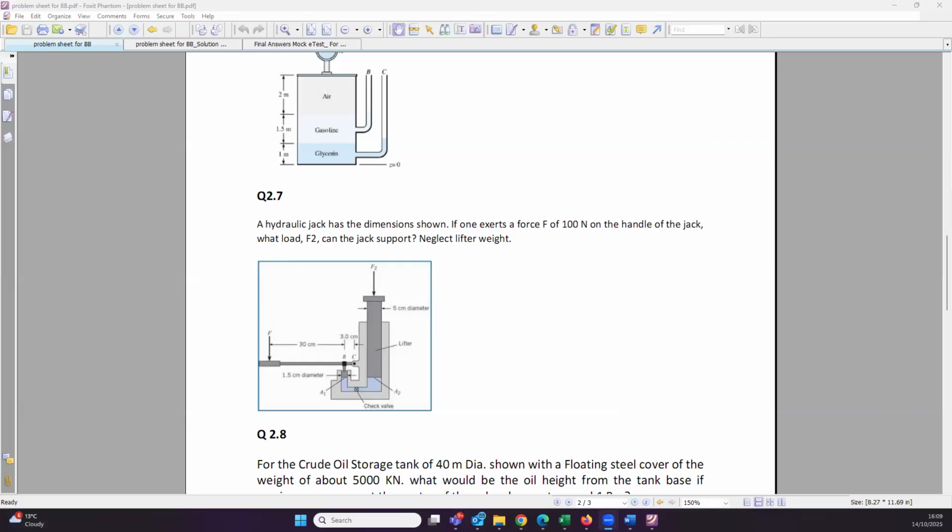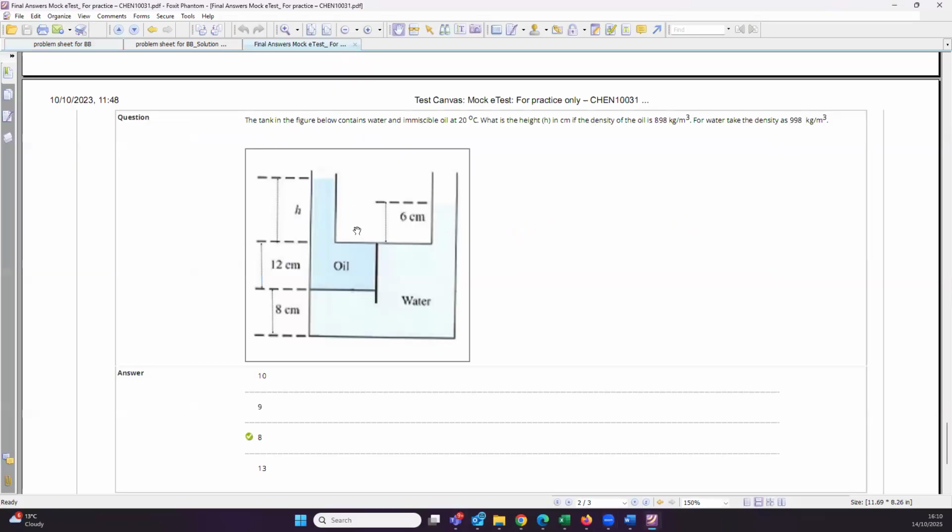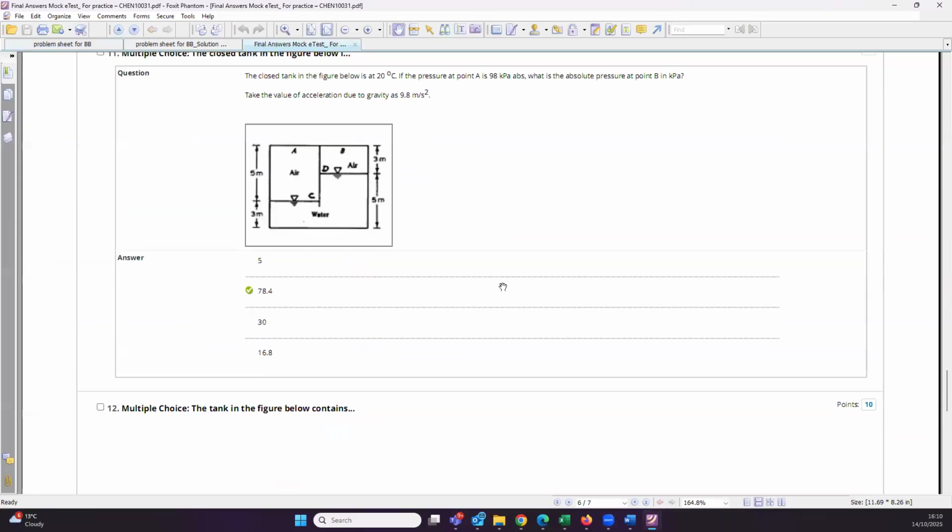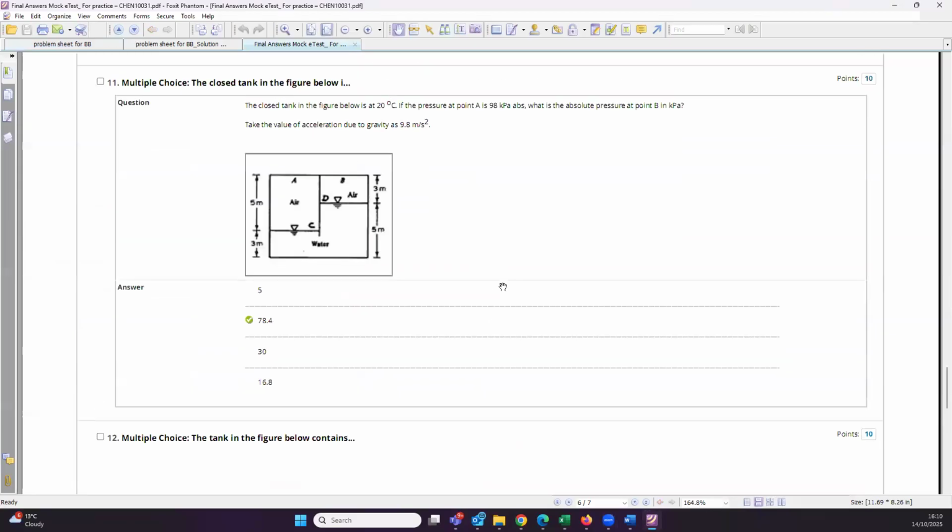Because I used the density of air in question 1 of the e-test, maybe I did it with a different method. I will get to question 2.7 in a minute. I just want to check what question had the density of air.